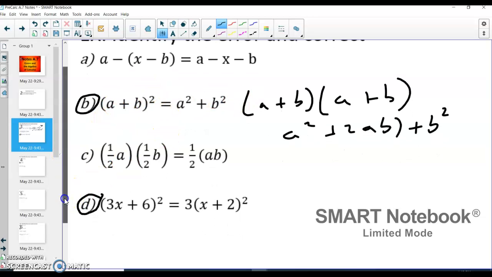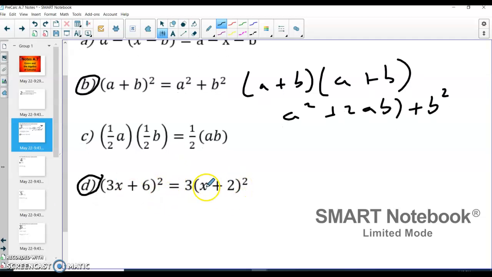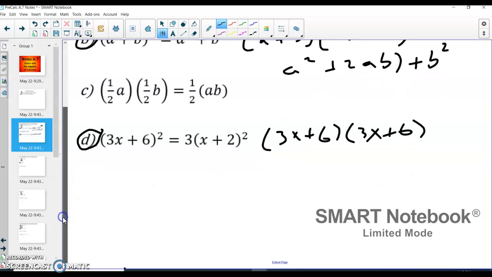That's one of the most common errors I see, people think that you can just distribute an exponent. You cannot. Similar to that, another exponent problem is people think you can factor out when you have something to an exponent. Here, same kind of thing as above, you have 3x plus 6 and another 3x plus 6 being multiplied by each other. That's what it means to be squared. So if I do my FOILing, this is 9x squared plus 36x plus 36.